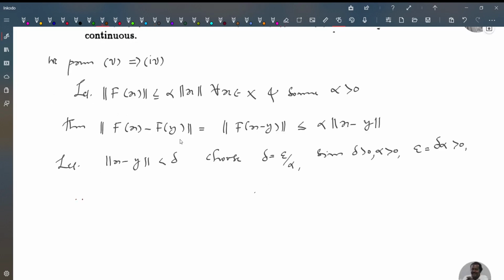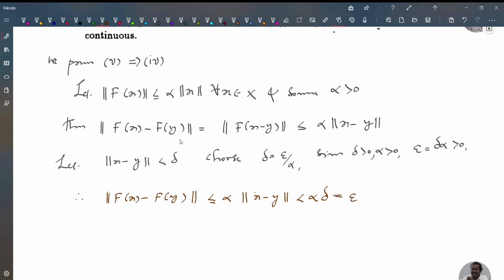Therefore, norm of f(x) minus f(y) is less than or equal to alpha times norm x minus y, and this is less than alpha times delta, since norm of x minus y is less than delta, and alpha into delta is equal to epsilon.